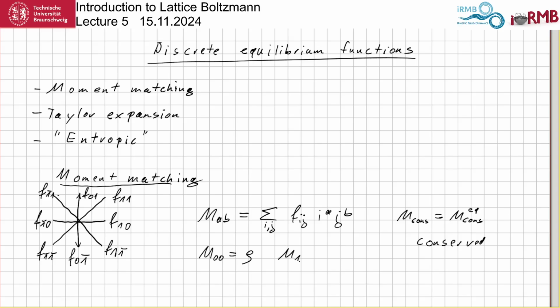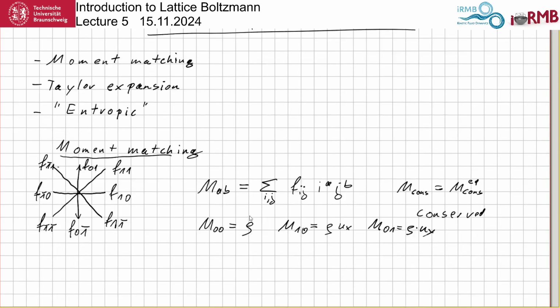We have M10, which is rho times ux. And we have M01, which is rho times uy. I hope you are already familiar with these things. So these are the 3 conserved ones. Energy is not conserved according to the Navier-Stokes equation, with Knudsen number squared going to 0, so we do not conserve energy here.